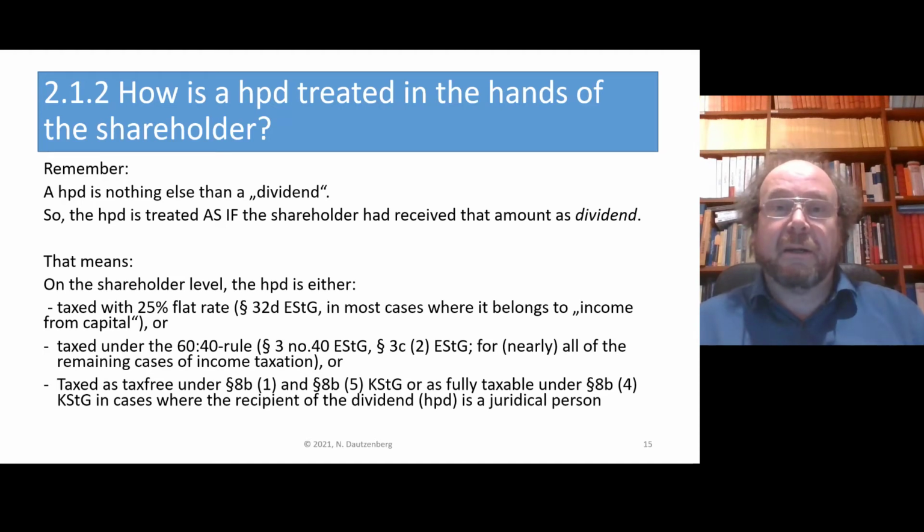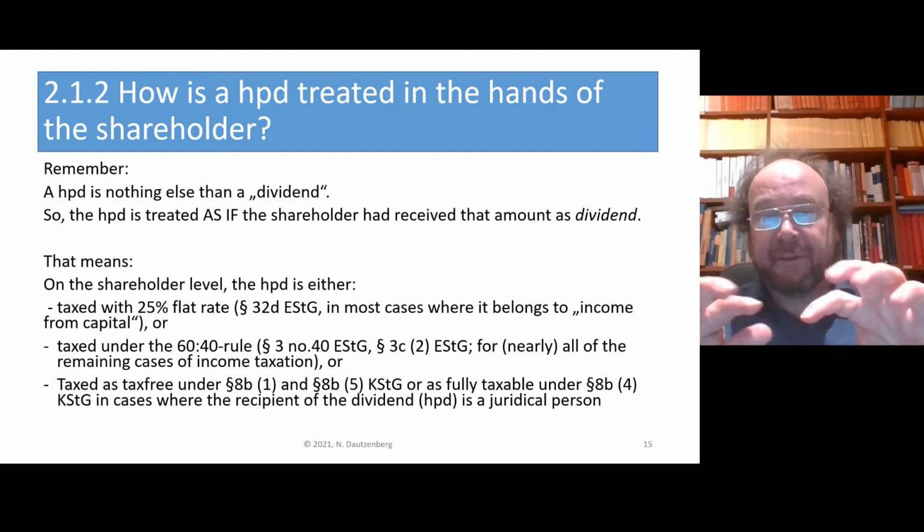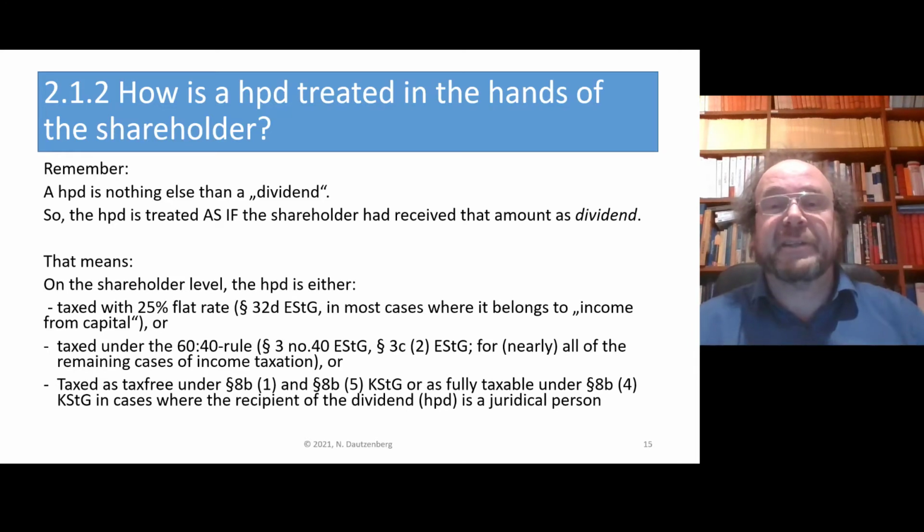Naturally, if you, the shareholder, are a juridical person yourself, so a parent company usually, then the dividend will be either treated as completely tax-free under the rules of paragraph 8b1 KStG combined with 8b5, or alternatively, if you have a very, very low participation, less than 10%, then paragraph 8b4 KStG states that then the dividend will be fully taxed.